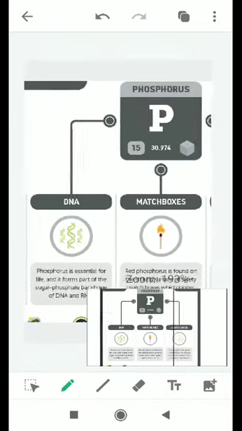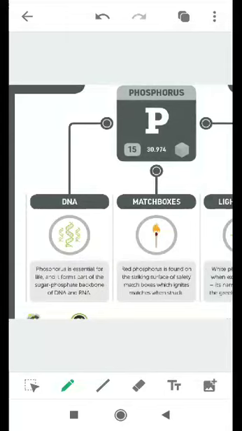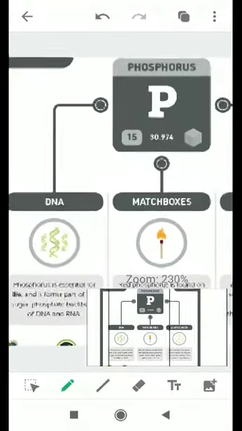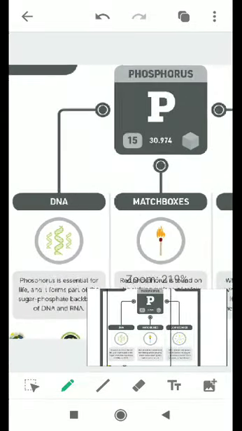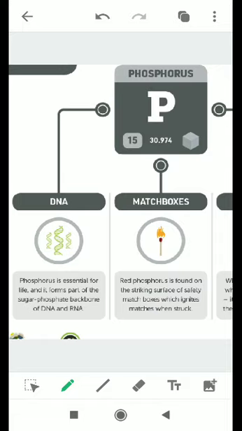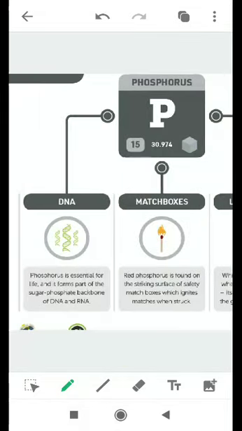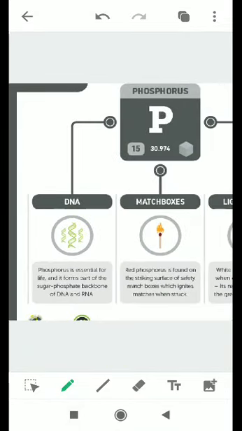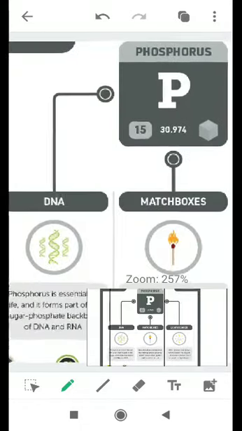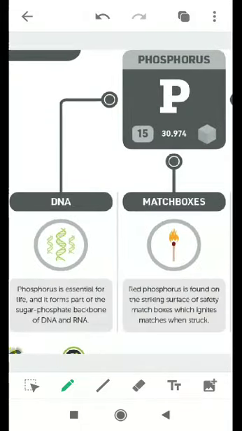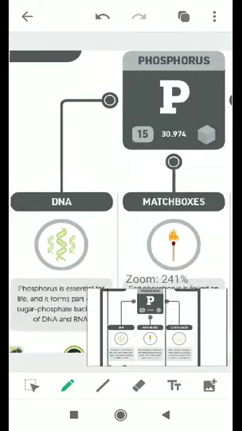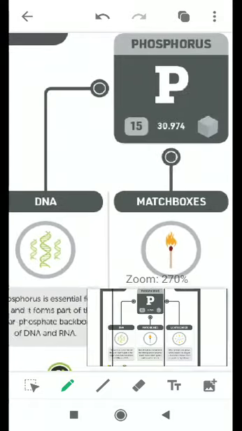DNA is a structure found inside the cell, in fact inside the nucleus, and it is used to transmit characters from one generation to another. The sugar molecules by which the DNA is formed are linked with the phosphate group. So phosphorus is used in the formation of DNA also.